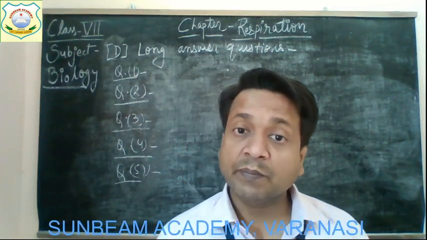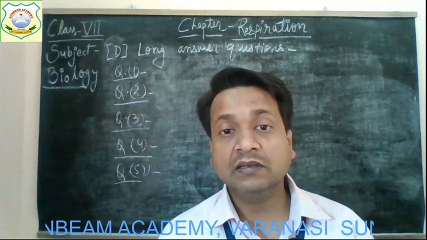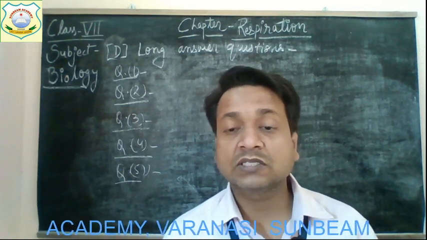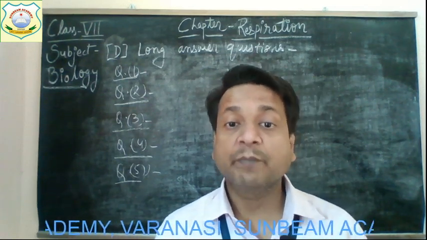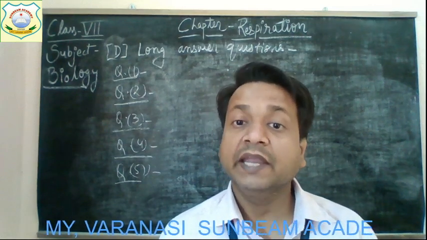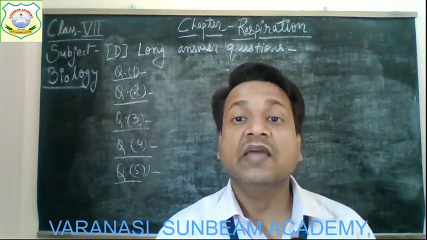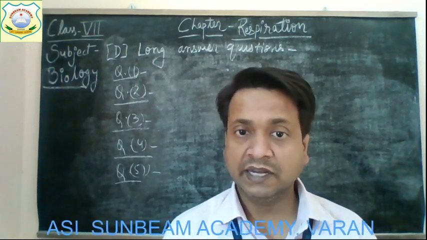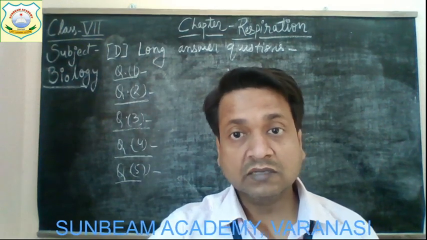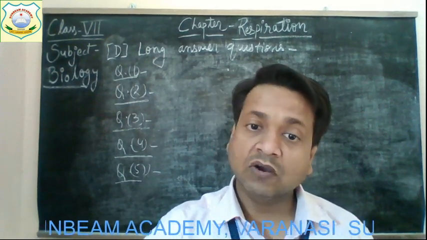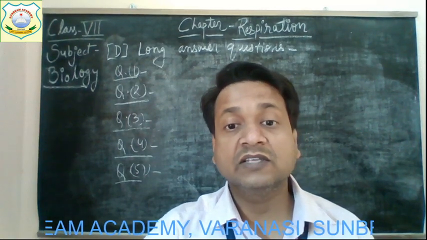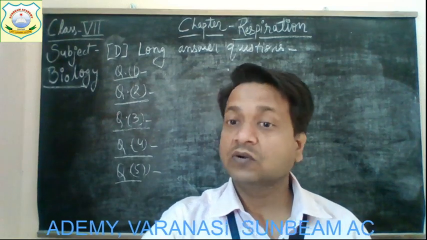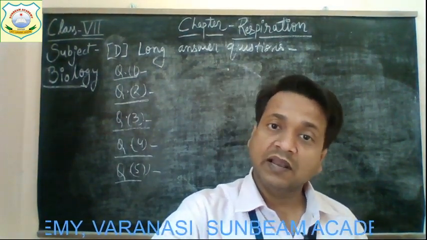The oxygen present in the air we breathe in goes into the blood contained in blood vessels, and the carbon dioxide present in the blood passes out of the blood into the air sacs, and thus the exchange of gases takes place in the lungs. Get it? So oxygen is breathed in and carbon dioxide is breathed out, and this exchange takes place where? In the lungs.